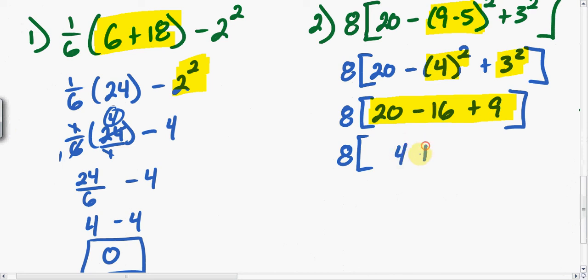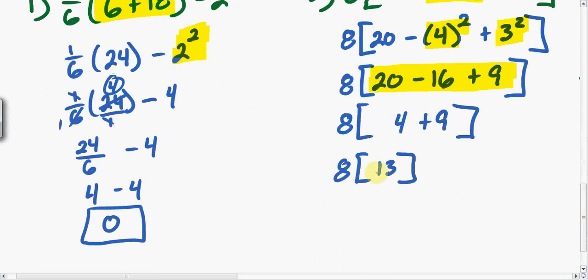So I'll just drop down 4 plus 9. Alright, so I evaluated this piece first, dropped down the 9, and now I can see 4 plus 9, well that's 13. And the last bit for me to do is multiplication. So 8 times 13 is 104. Okay, so those are a couple examples with order of operations.